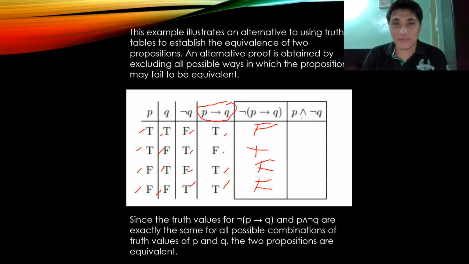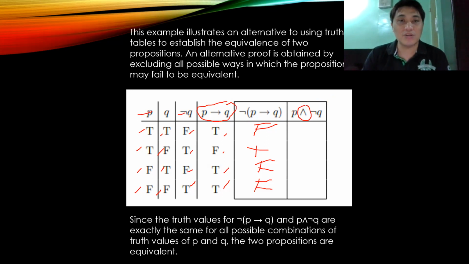So let us get the column for P logical and negation of Q. We will get our data here and here. This is the and symbol.